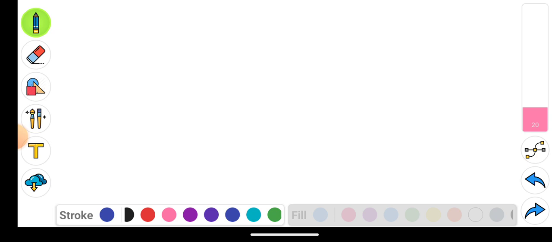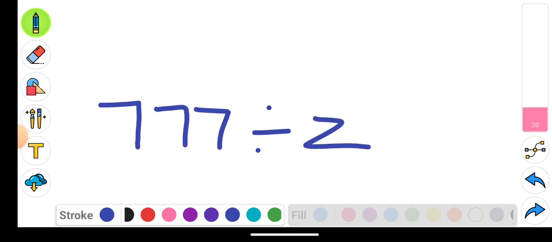That is the case for something like 777 divided by 2, because 777 can't divide evenly into 2.